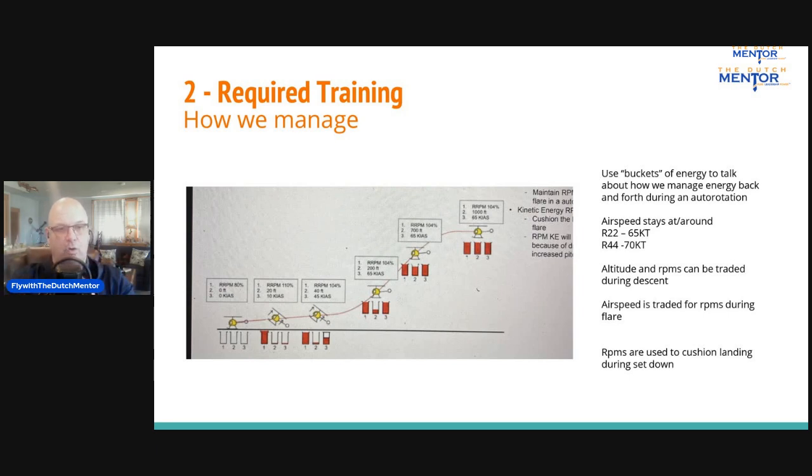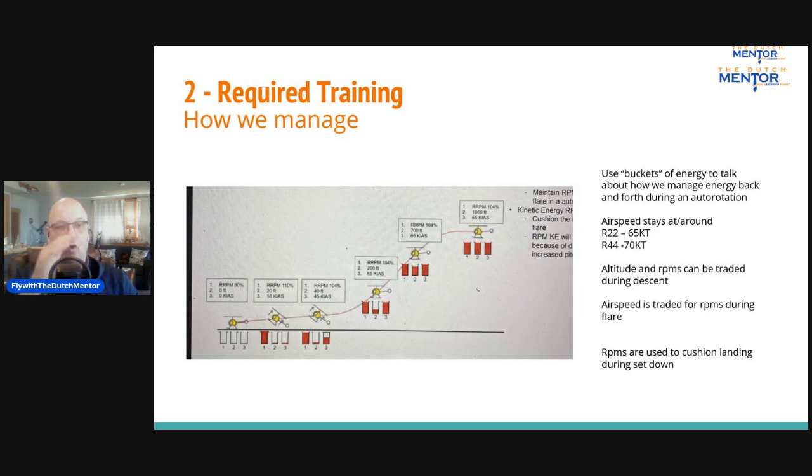That creates lift over the airfoil itself, and then we make sure that we have maintained rotor RPM as we take the collective all the way down. Sometimes we have to bump it back up to prevent any overspeed on the rotor itself, right? When you pull slightly aft, the wind from the bottom up will end up increasing the speed, or maintaining, hopefully, or increasing the speed of the rotor.